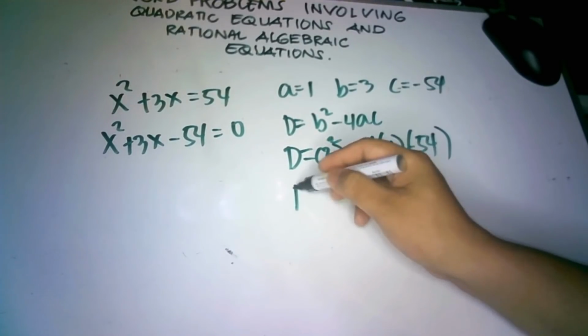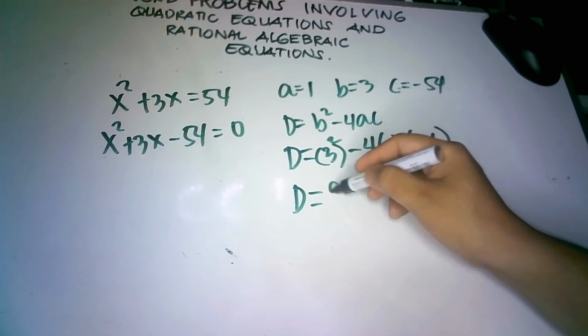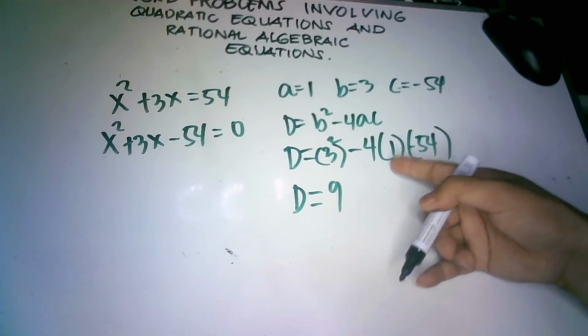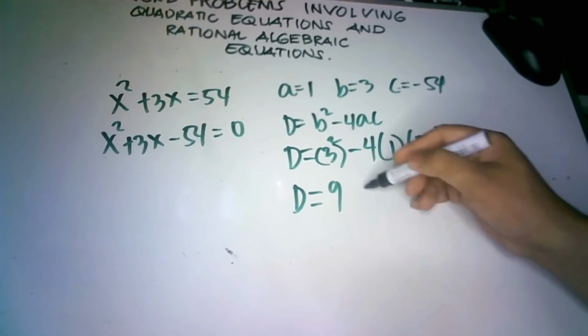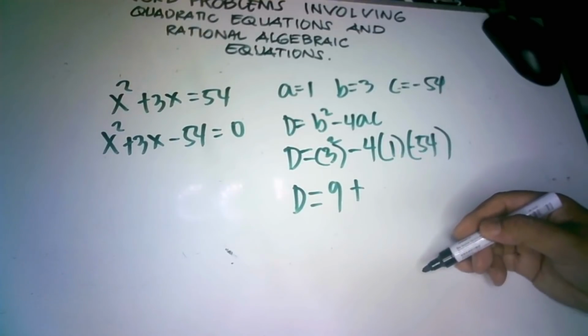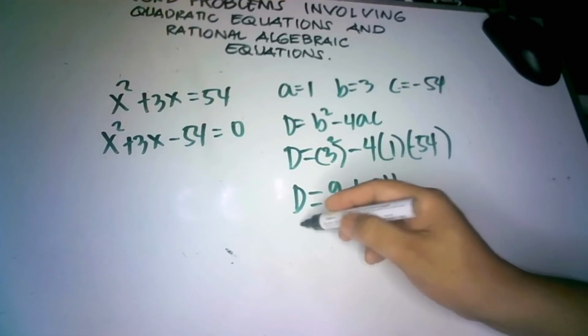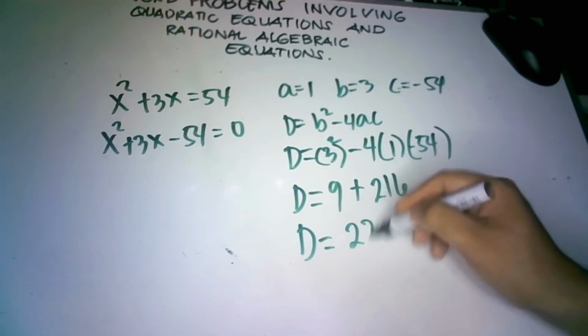What is 3 squared? We have 9. What is 4 times 1 times negative 54? That is positive. How much is four times 54? 108 and 108, that will be 216. So we have D equals 225.